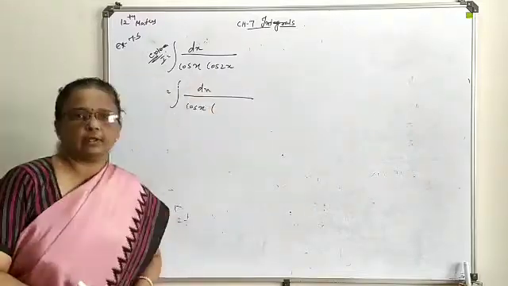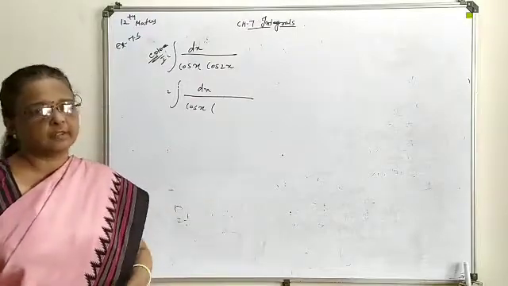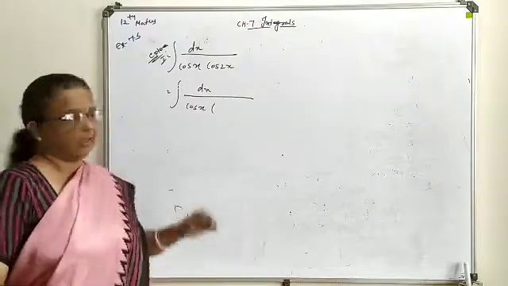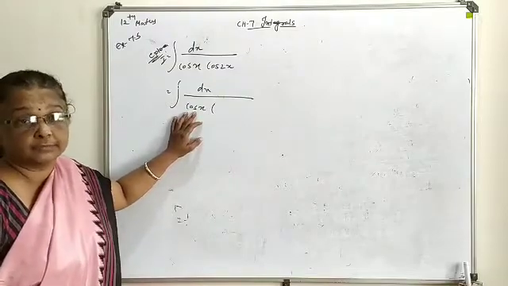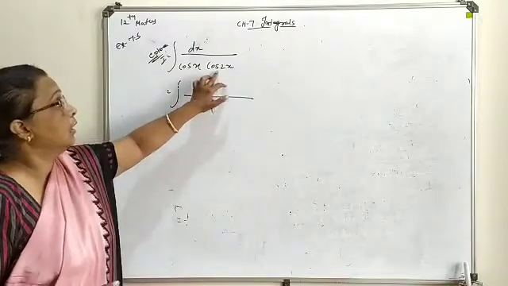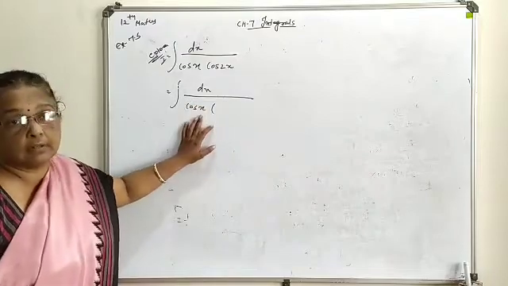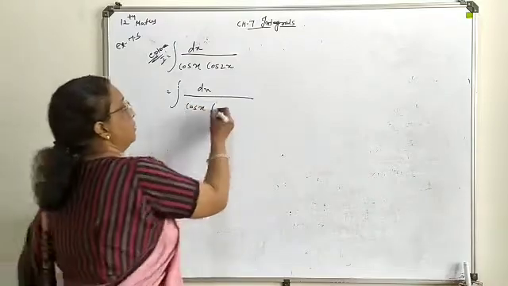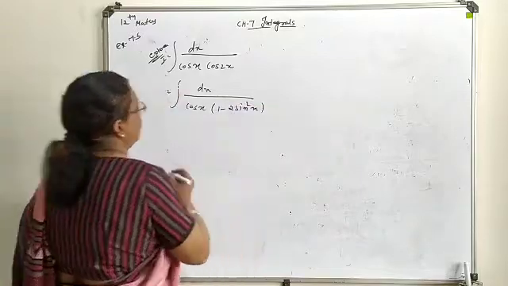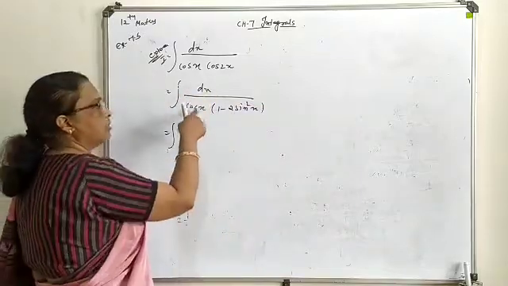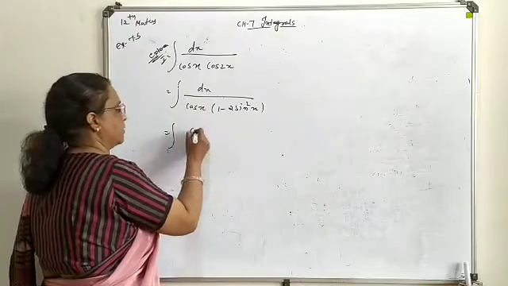For cos 2x we have a formula in terms of cos as well as in terms of sine. But here this cos is available, so this cos we will convert in the form of sine. So here also for your cos 2x you will write the sine formula, that is 1 minus 2 sine square x. Now the next step is a multiplication and division by cos of x.